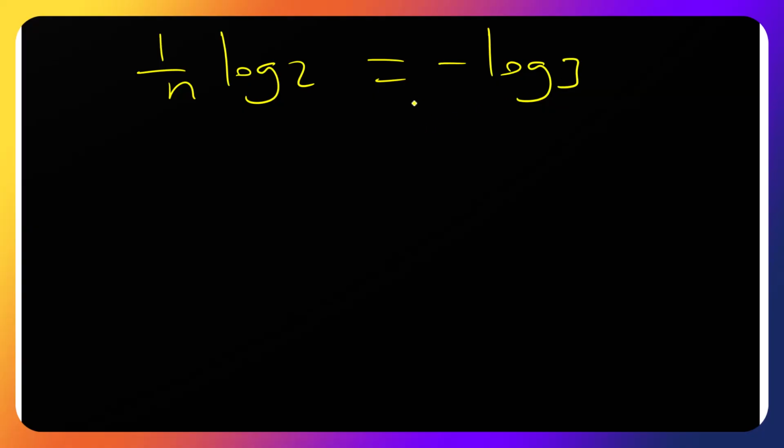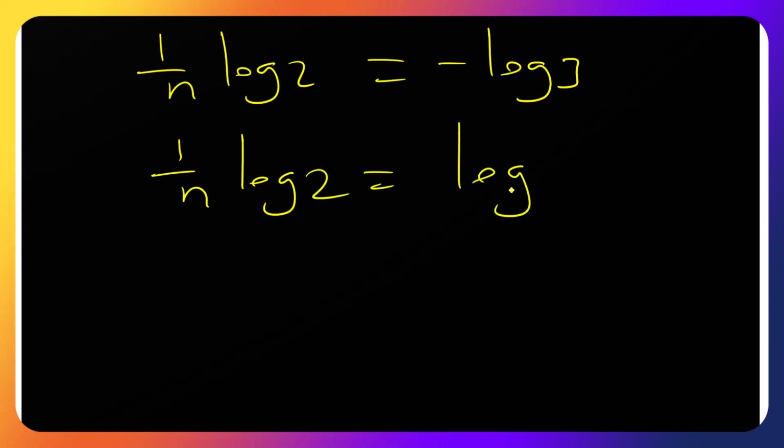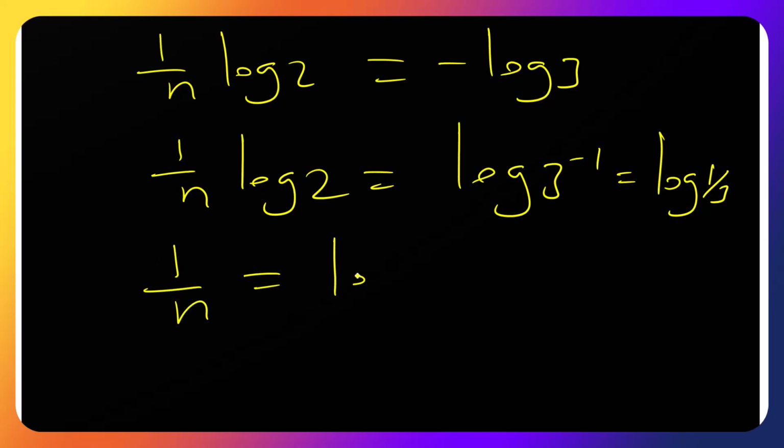And it's the same as 1 over n log 2 equals, so this side will also come, log 3 to the power minus 1, which is the same as log 1 over 3. So we can divide both sides by log 2. So that will be 1 over n equals log 1 over 3 over log 2.